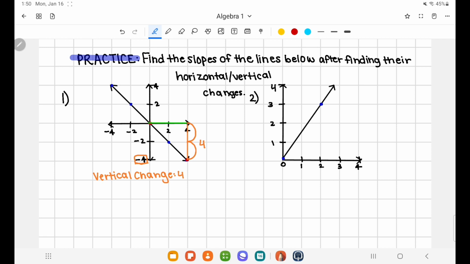And now for the horizontal change. We have 2, 2, but it is going left because we're going from this point to this point. So that means this is actually -4.